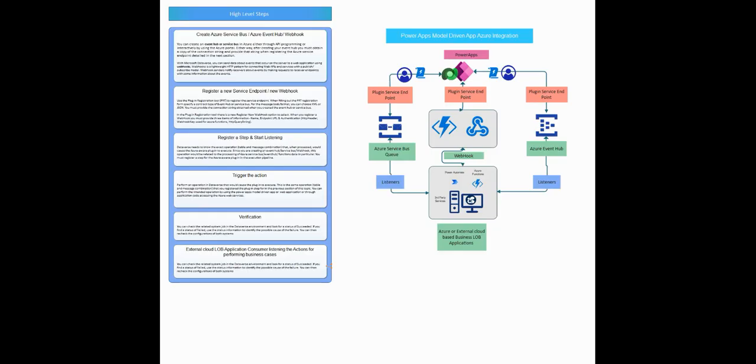So far we have created Azure Service Bus, Azure Event Hub and Webhooks in the Azure portal and seen how to register the service endpoint against those services. We also registered steps and started listening to those actions. We also tested the trigger actions using the demo model driven app against the account entities. We also verified the messages that have been triggered.